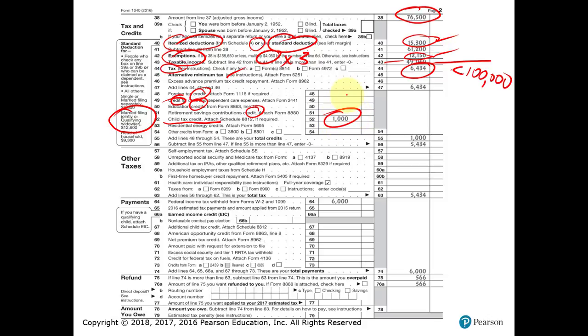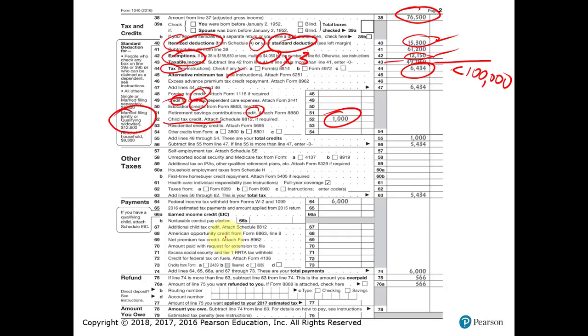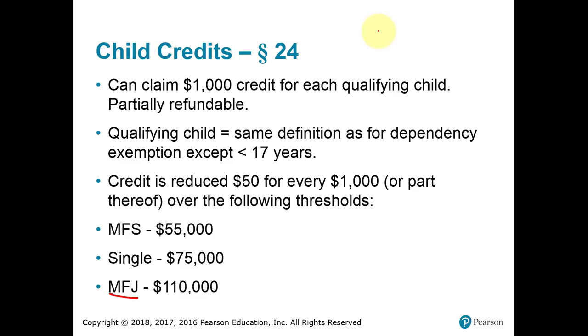And the rule is, let's see if we can find the rule, is that if, here's your filing status, and ours is married filing joint, and our AGI, I can't remember the amount here, 76,500 is less than the limit of 110,000.